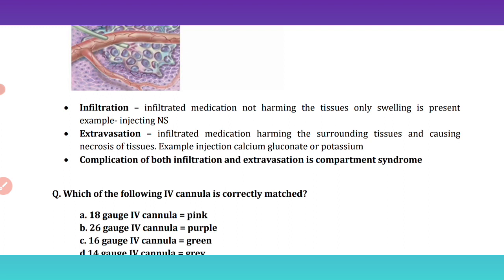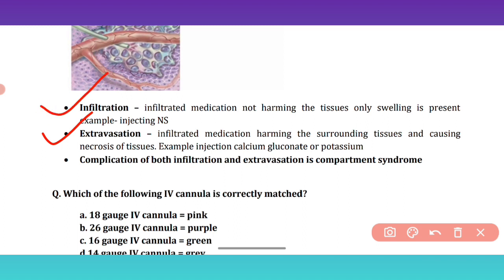If tissue damage is present, then it is called what? Extravasation. If you are infusing normal saline after the counter puncture of the vein, the normal saline will not cause any kind of necrosis to the tissues. So in that condition it is called what? Infiltration. Here you can see in the definition, infiltration means not harming the tissues, only swelling will be present.